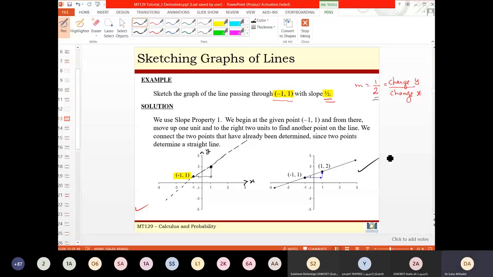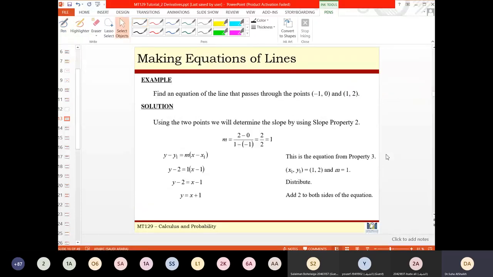So if I know one point and I know the slope, now we know how we can draw this. Now, one more example. They want you to find the equation. Find the equation of a line passing through the points (-1, 0) and (1, 2). The equation of a line is y minus y1 equals the slope times x minus x1.